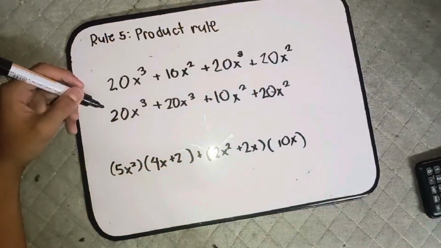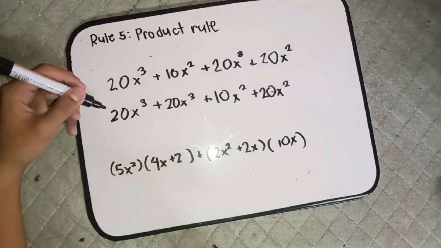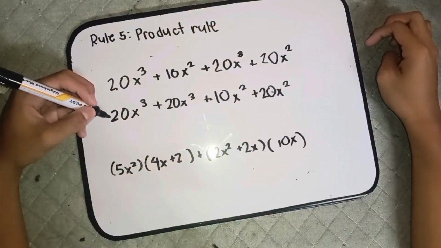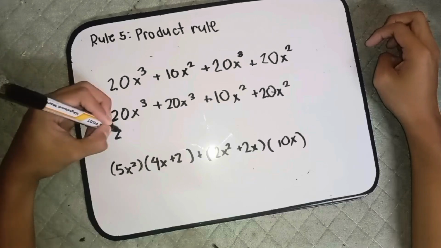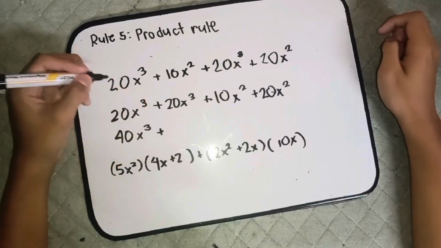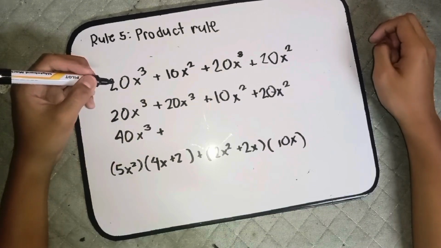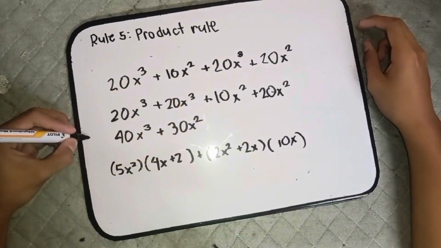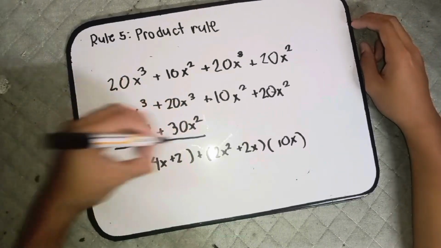Now let's add all the variables or numbers that are alike. 20x raised to 3 plus 20x raised to 3 is equal to 40x raised to 3. And 10x raised to 2 plus 20x raised to 2 is equal to 30x raised to 2. That is your final answer.